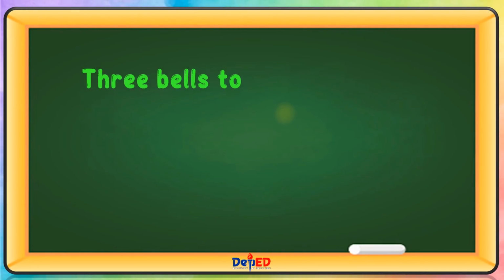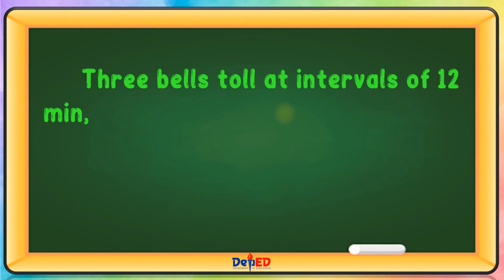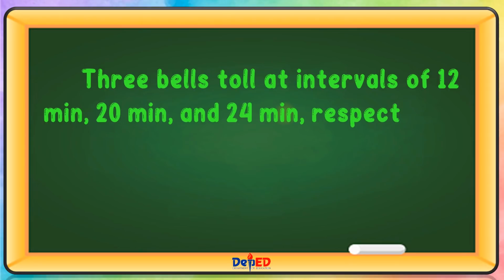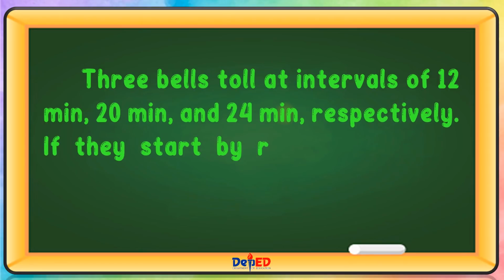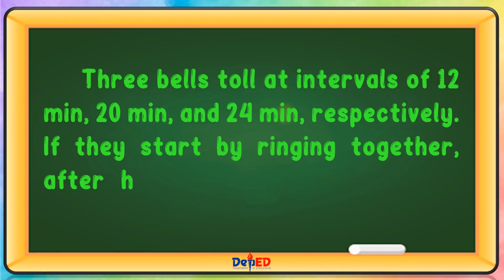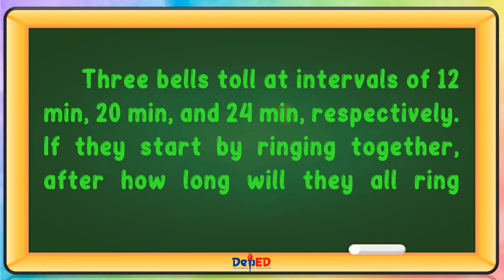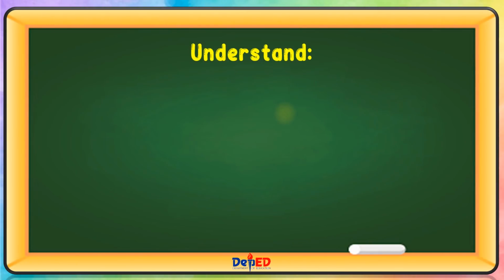Three bells toll at intervals of 12 minutes, 20 minutes, and 24 minutes respectively. If they start by ringing together, after how long will they all ring again? Let us understand what is asked in the problem.